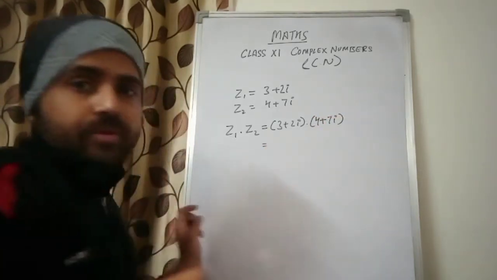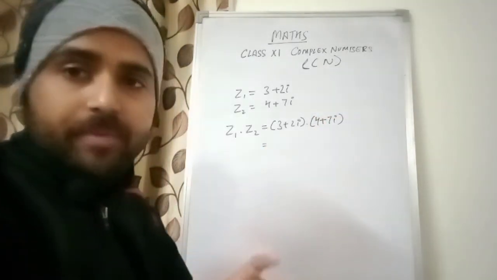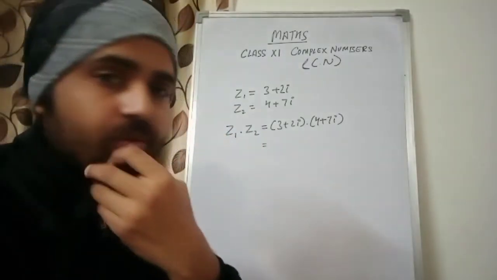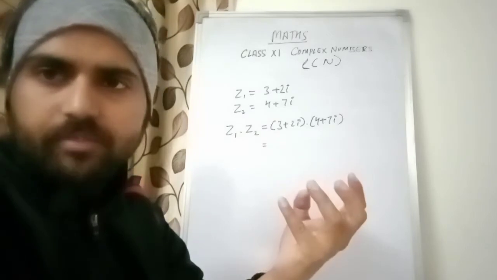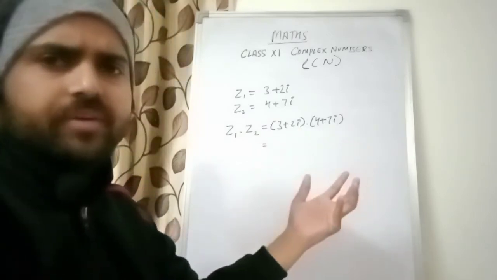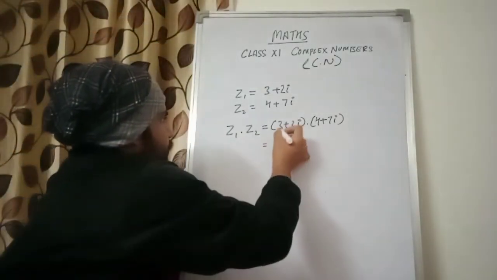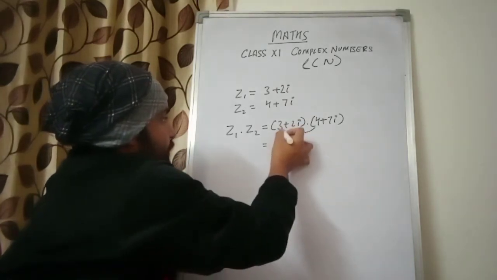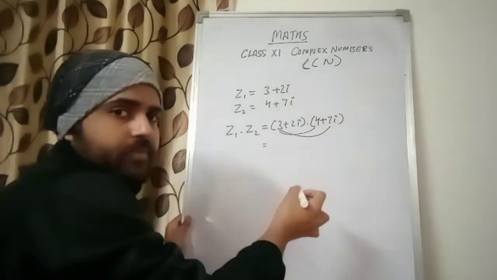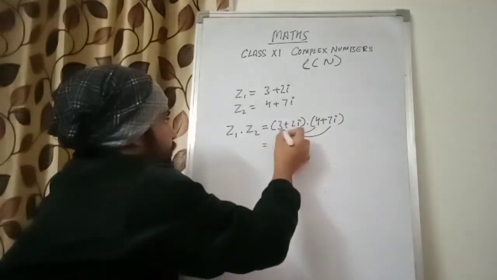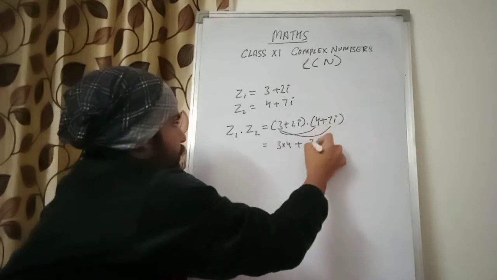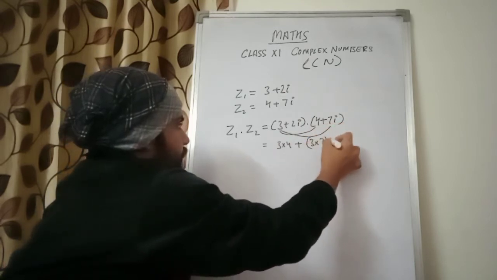Now for multiplication, we do the same as when we find the multiplication of any two algebraic expressions or two binomials. That is the same way we have to do here. So this 3 will be multiplied by this 4, and again by this 7i. So see what will be there: 3 into 4 plus 3 into 7i.